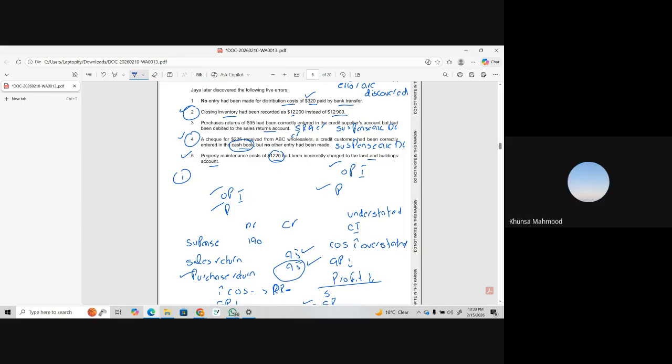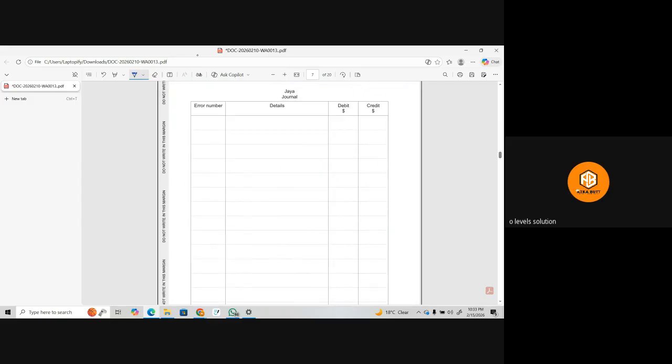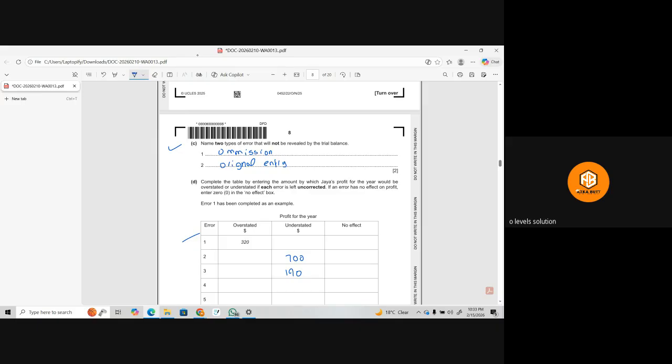Is this profit after the correction or before the correction? Before the correction.